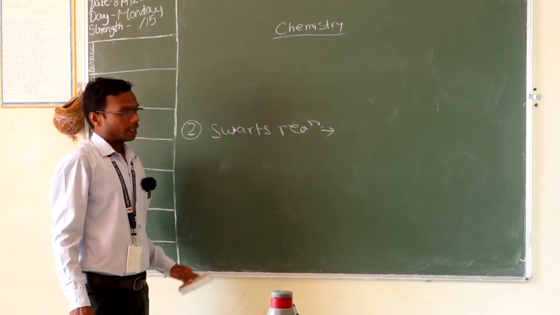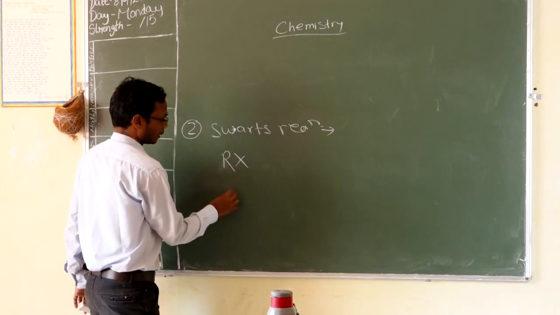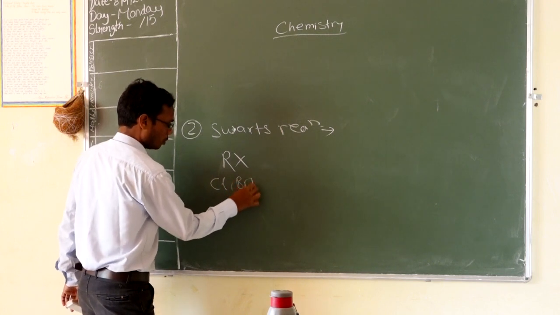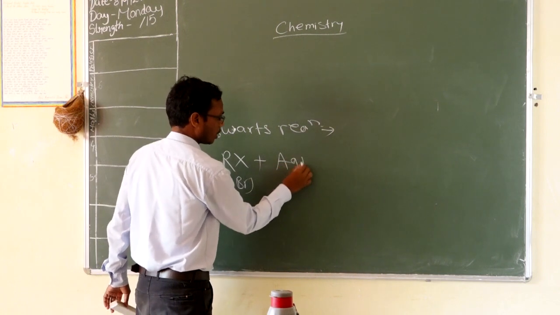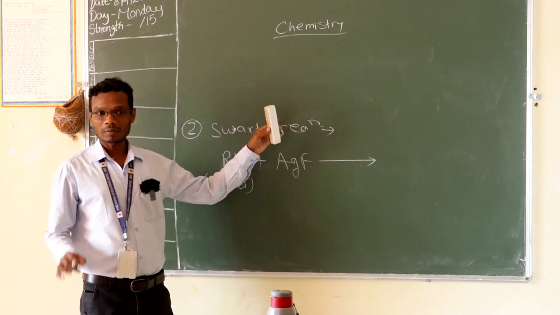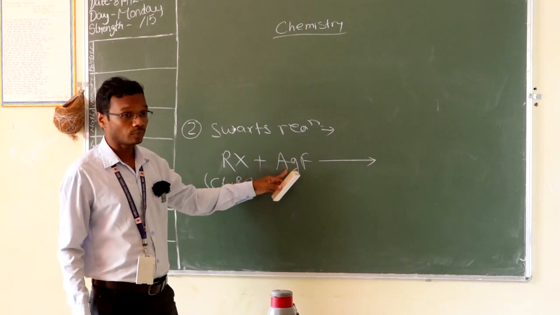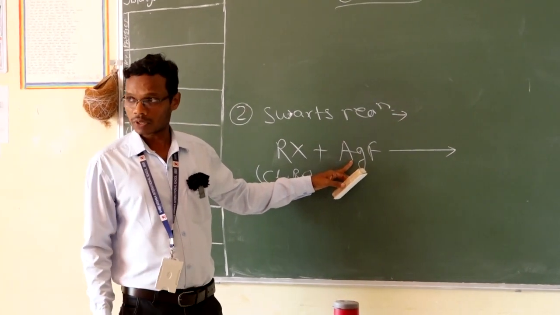In this reaction also, haloalkane, that is chlorine or bromine compound, reacts with AgF. Previous reaction was about iodine, sodium iodide, NaI, and this reaction is about silver fluoride. This is a metal fluoride.